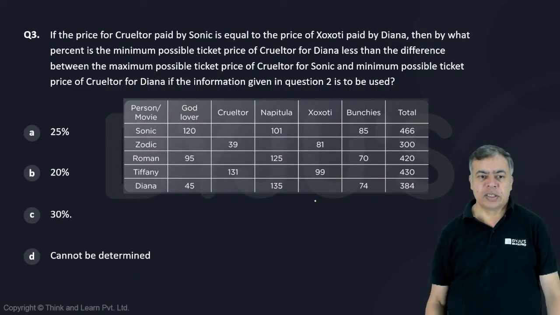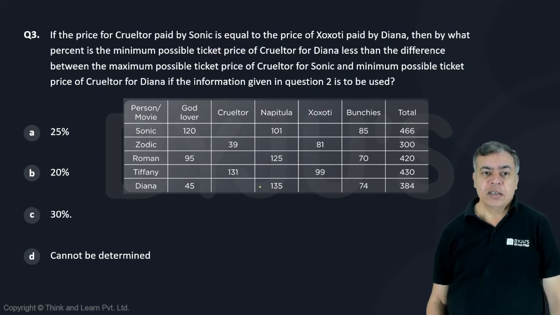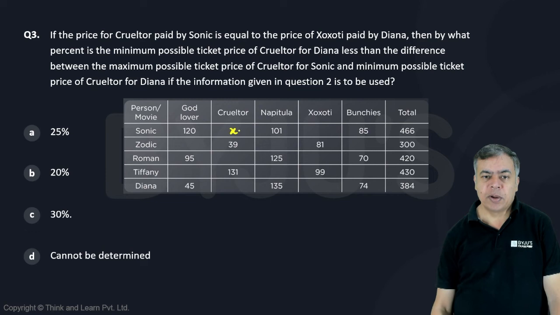Okay, now see this. If the price for C paid by S is equal to the price of X paid by D, so these are equal.